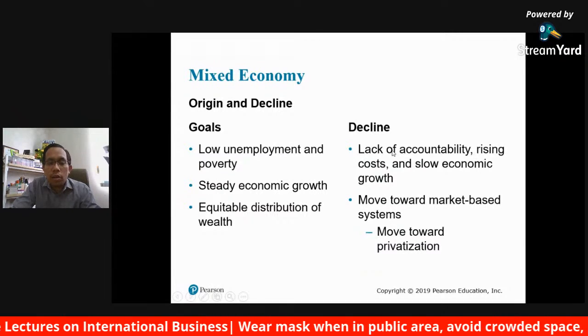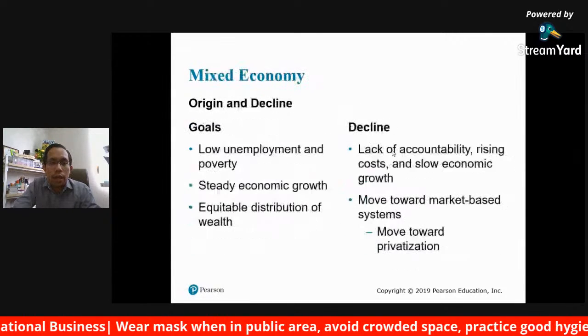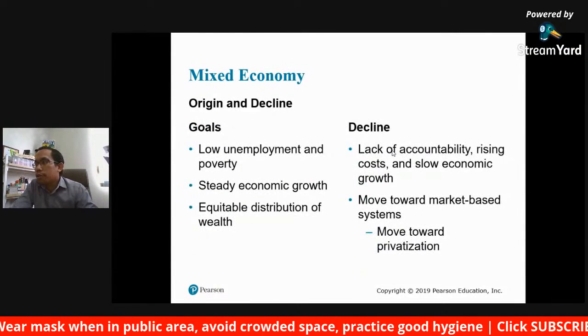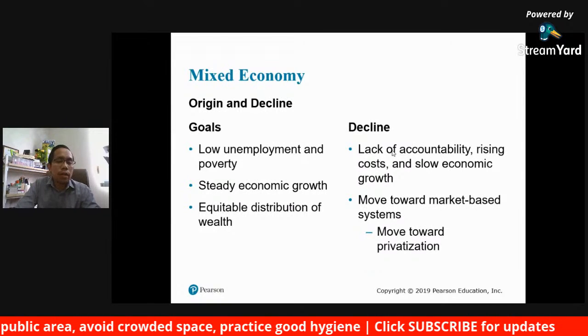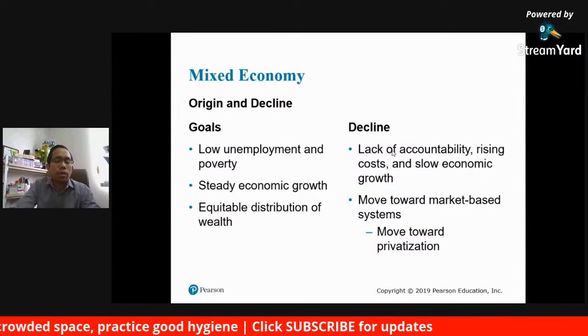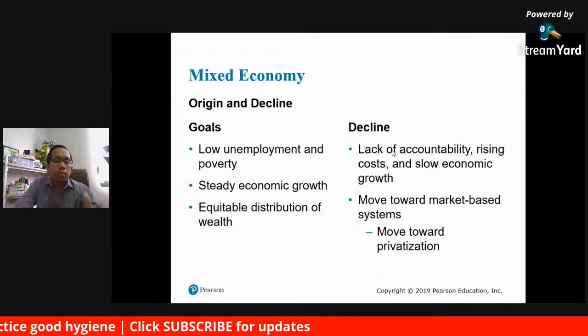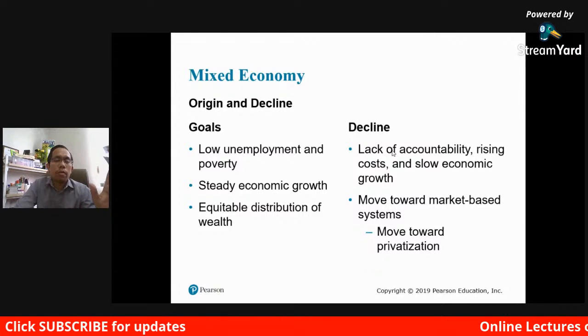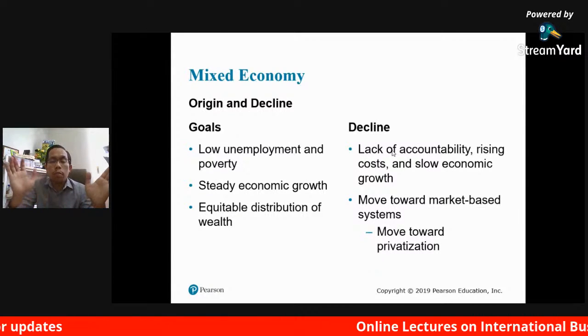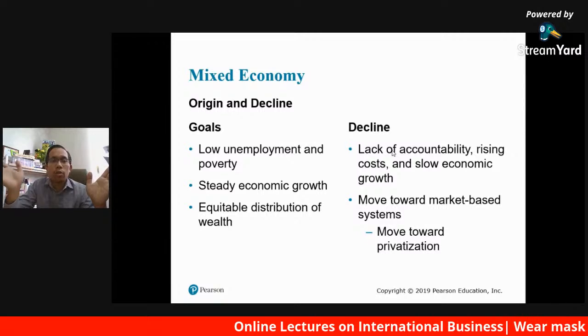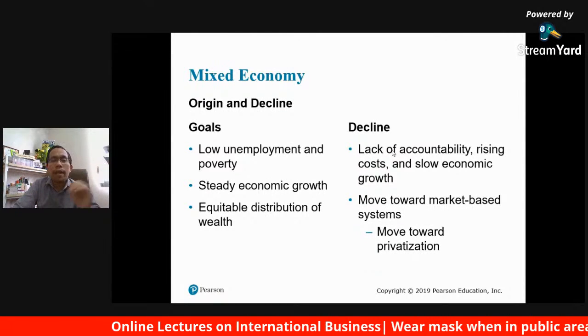All right, mixed economy. Earlier we talked about purely central, and right now we talk about mixed, in between market economy and central plan.